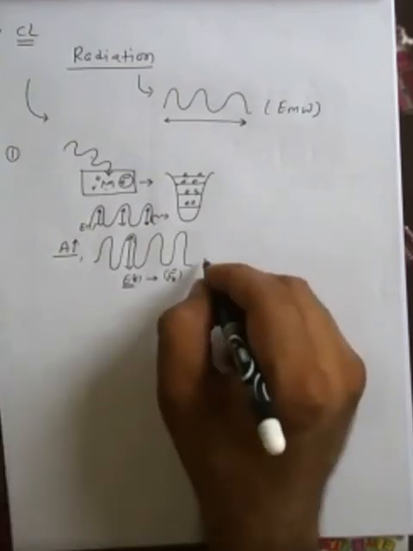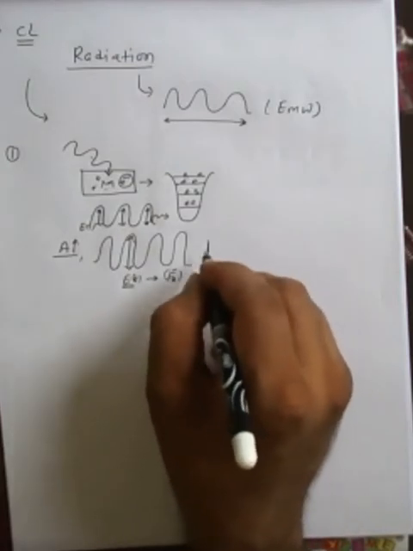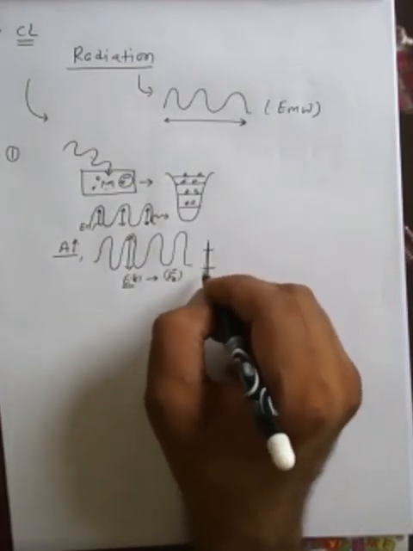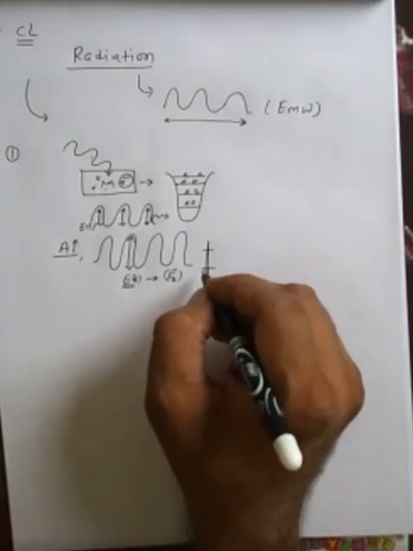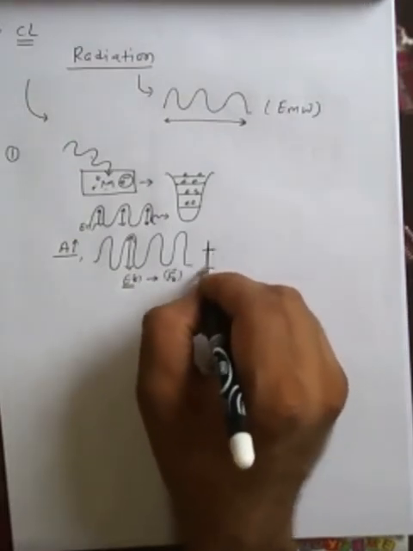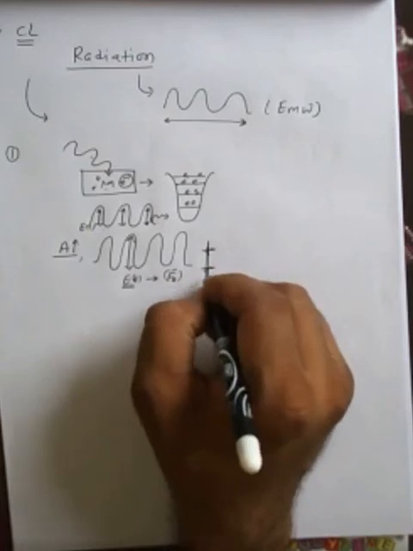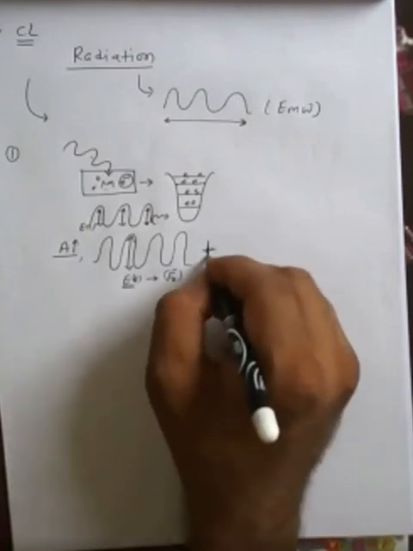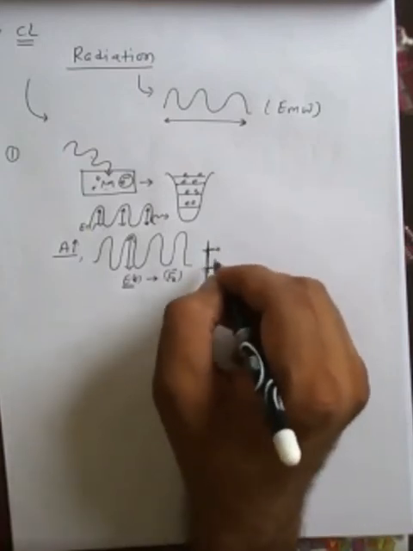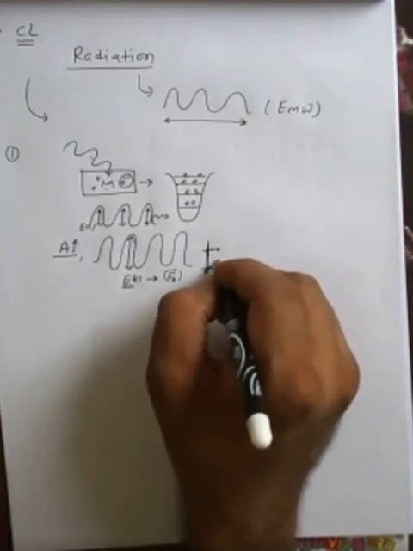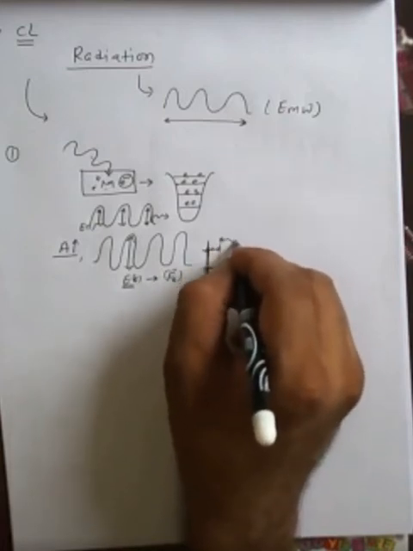So the electron will start to oscillate, and let's say this is the upper limit of the amplitude for this electron. Once it crosses this amplitude, the electron will be free.